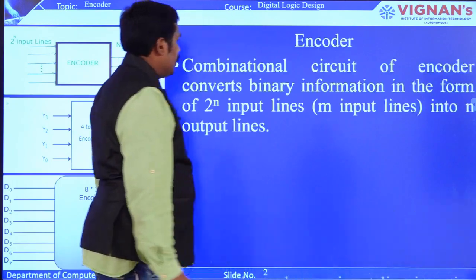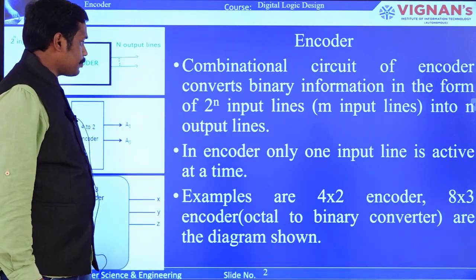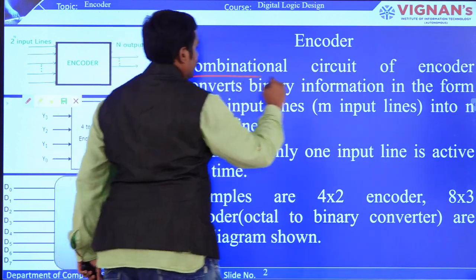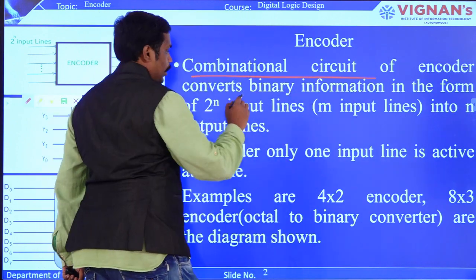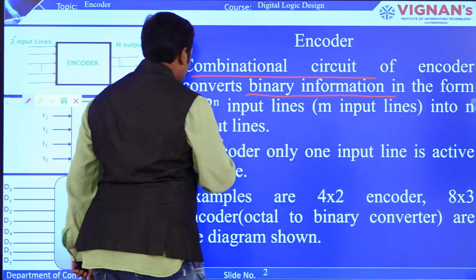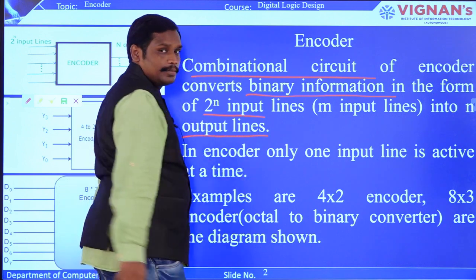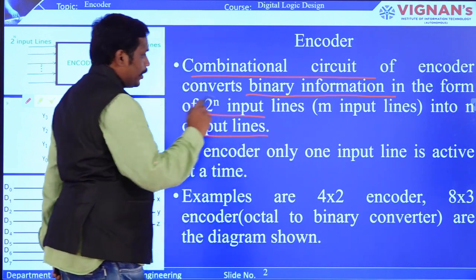So, now coming to encoder. It is also a combinational circuit for converting binary information from 2 power n input lines to n output lines, right. This is the important point that you have to note.